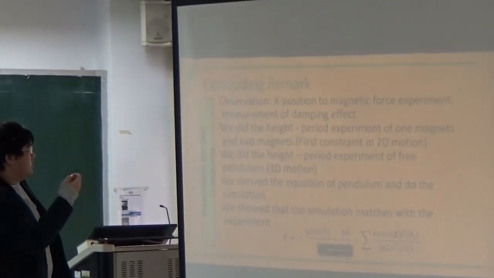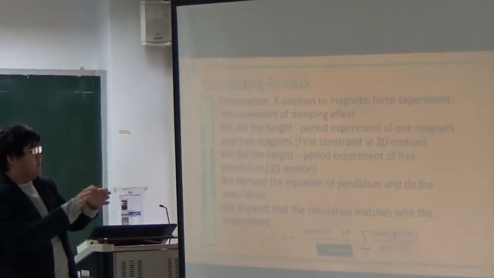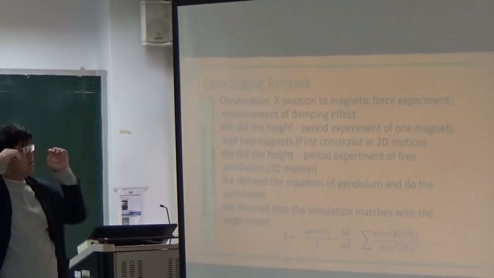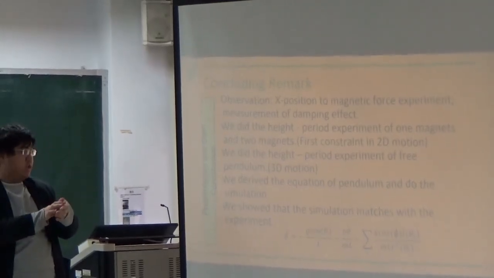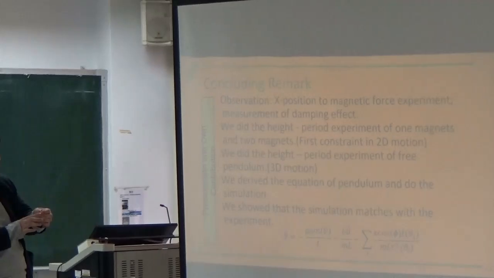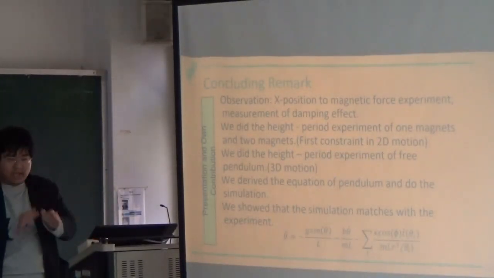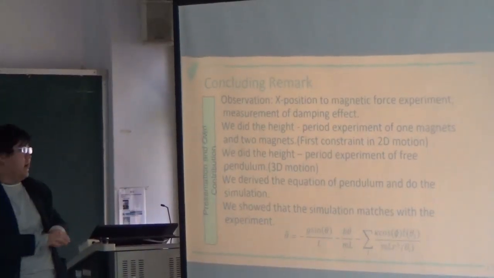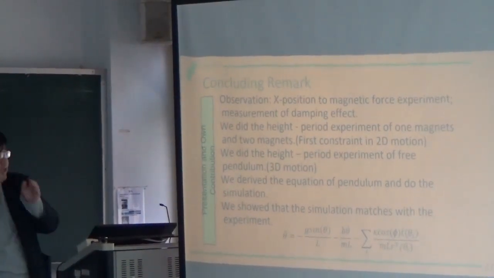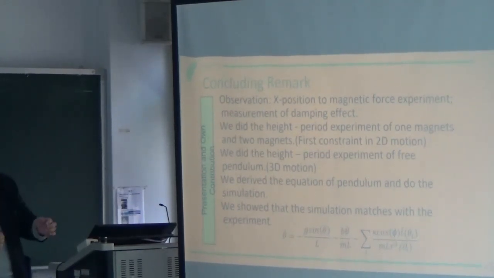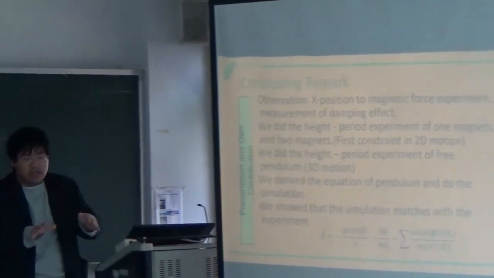With the observations, we did the X position to magnetic force experiment, and we measured the magnetic force, and we measured the damping effect. We did the height period experiment of 1 magnet and 2 magnets, first constrained to 2-dimensional motion.